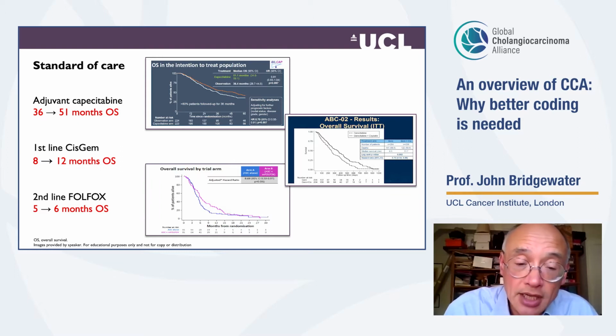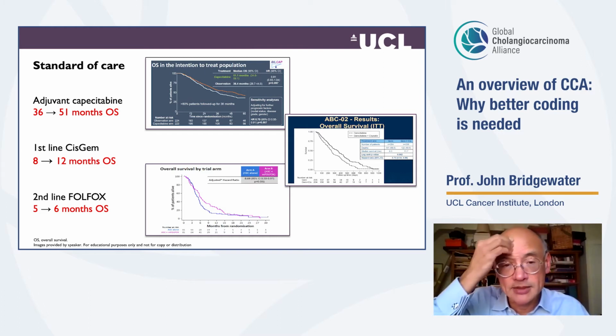And then in second line, so that's after the cisplatin and gemcitabine have failed, we've demonstrated that the chemotherapy cocktail FOLFOX, oxaliplatin, and 5-FU can also improve survival, although you'll see that this is a relatively modest benefit.